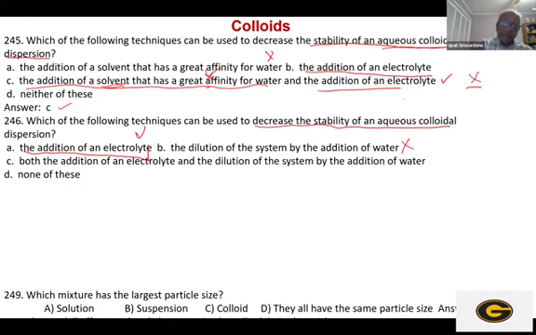By adding water, it doesn't decrease the stability. This second part of the statement is not true. Addition is true, but true and false together become false. Therefore, A is the correct answer.